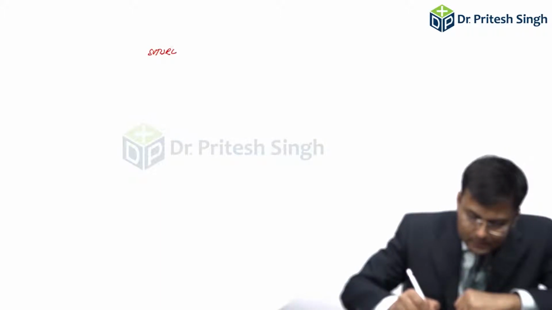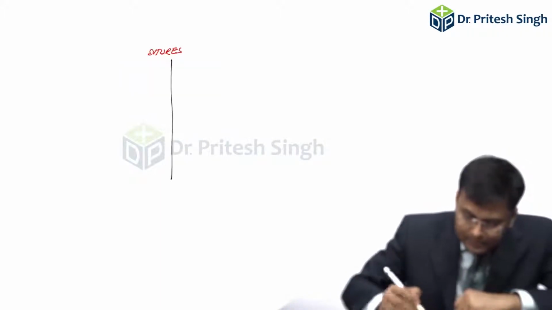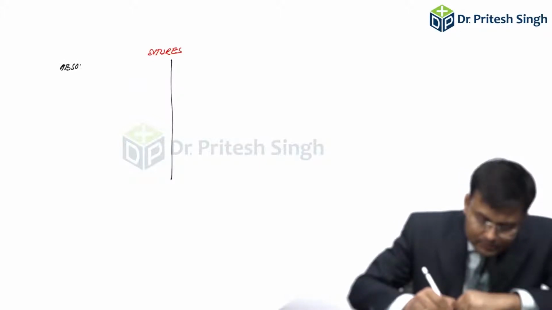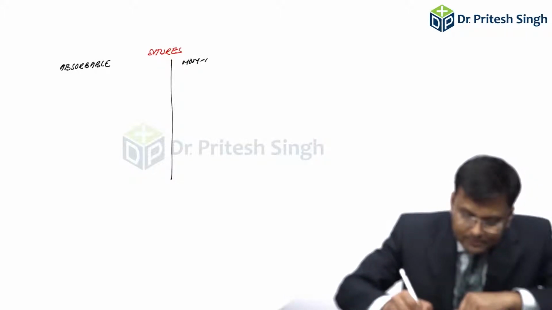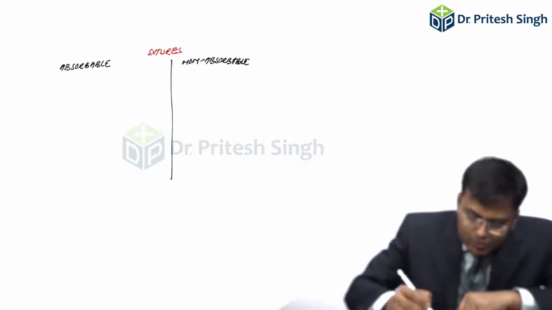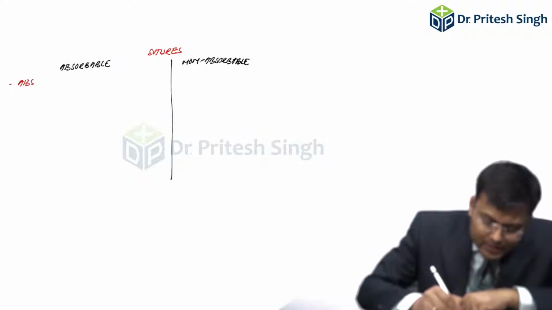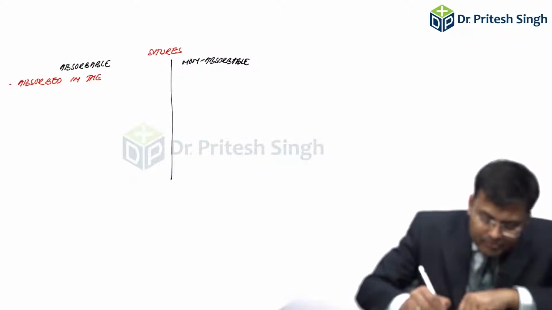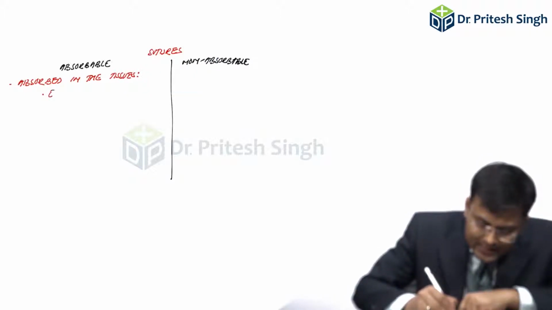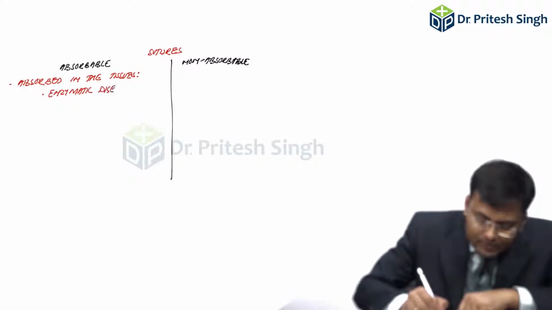Sutures. It is of two types, absorbable and non-absorbable. Absorbable sutures are absorbed in the tissues due to enzymatic digestion or phagocytosis.